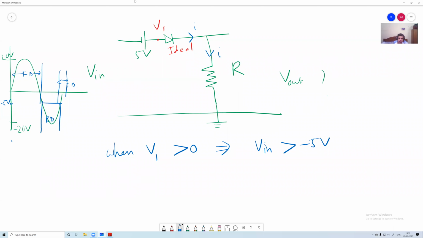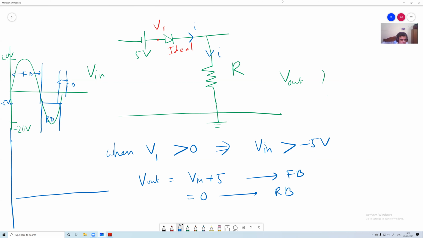Correct. And what did we see? We saw that V out equals V in plus 5 for forward bias and 0 for reverse bias. So what will be the output? It will start from 5 and go like this. So this is 5 volt. This is 25 volt.